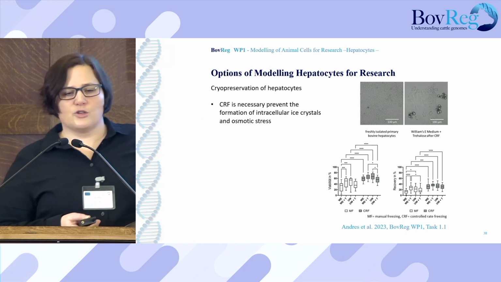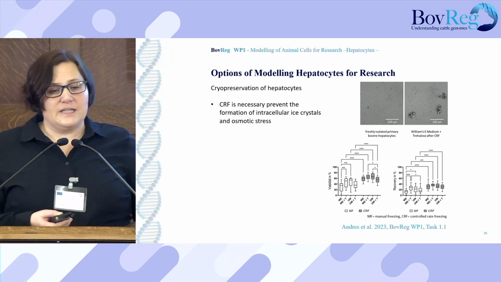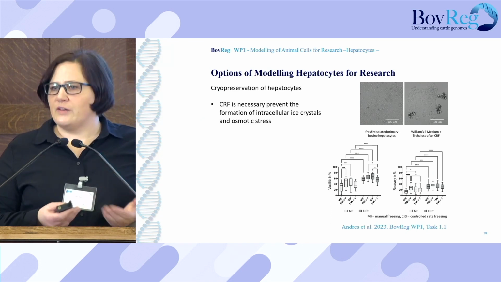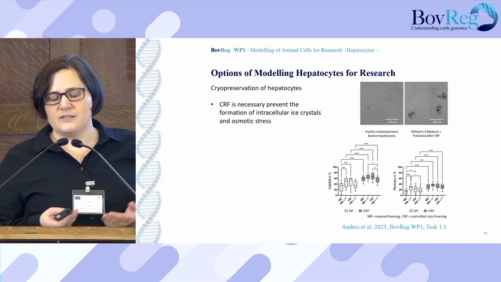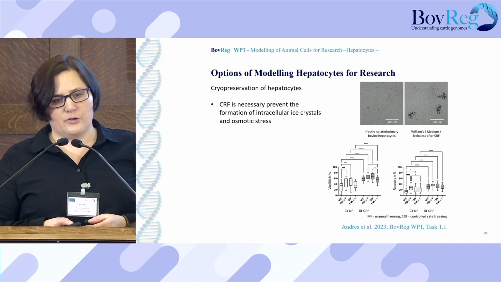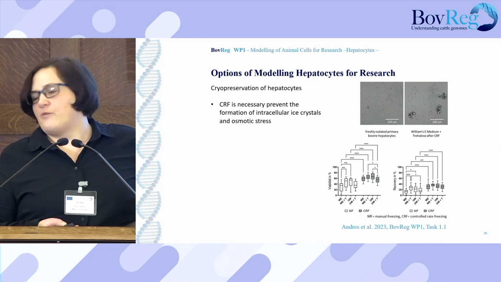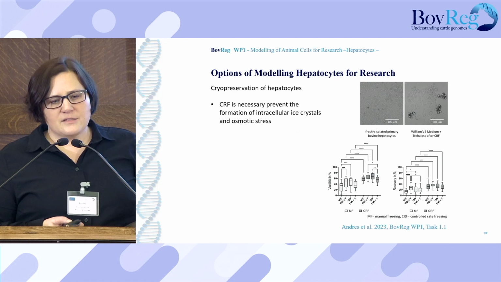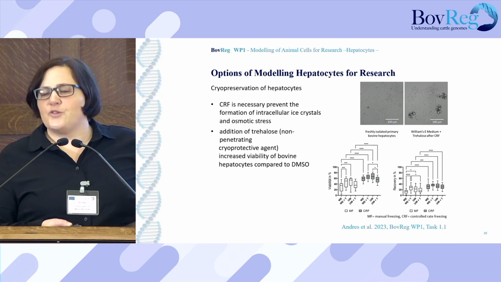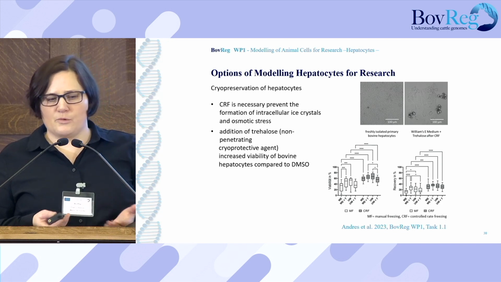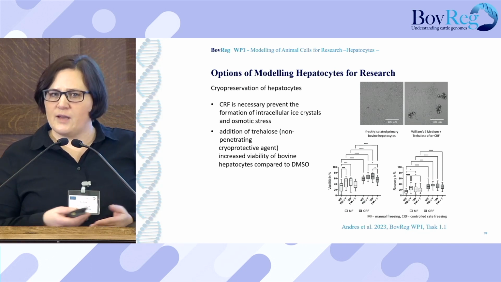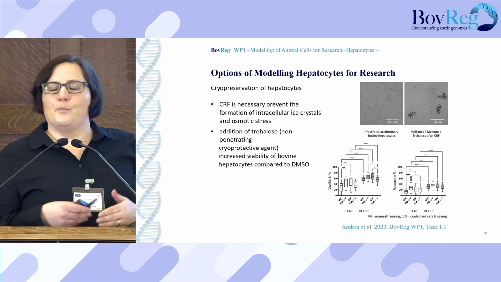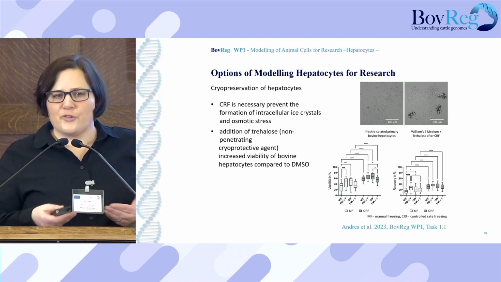So what we could show is that we definitely need controlled rate freezing for hepatocytes. We cannot freeze them manually, so the viability is much higher if we use controlled rate freezing to prevent the formation of intracellular ice crystals. And also a very commonly used cryoprotective agent, DMSO, was very toxic to the bovine hepatocytes, interestingly, more toxic compared to porcine or rat cells.